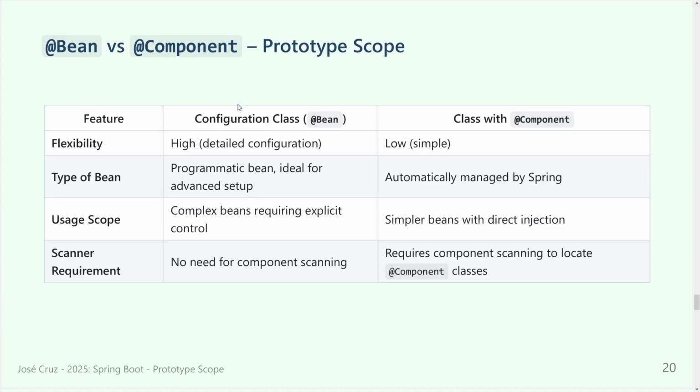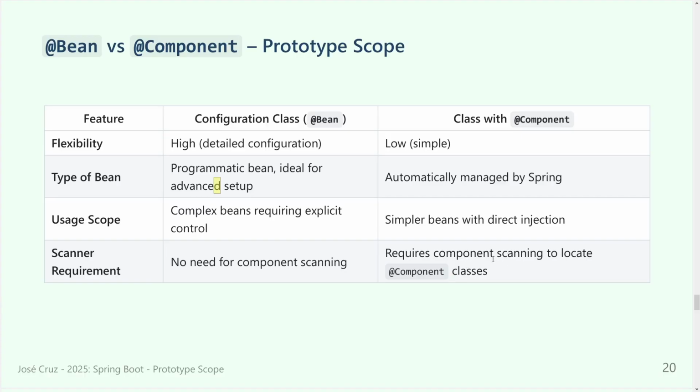When you use the configuration class, meaning when you are using this one here, these are automatically managed by Spring at the start of your application, or even when you use the application context to get the bean, it's the same thing. Usage scope: complex beans requiring explicit control; simpler beans, just a constructor, like we said in our previous slides. Scanner requirement: no need for component scanning; the other requires component scanning to locate the component class.